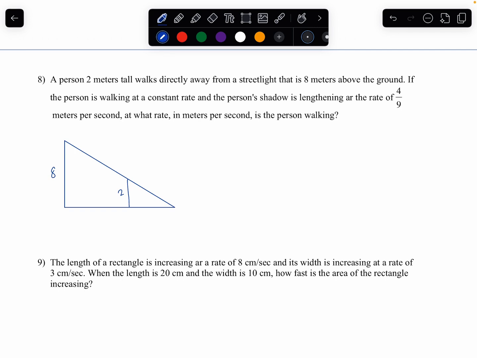Now, the distance from the street light to the person I'm going to call x, and the length of the shadow I'm going to call s, which makes the total distance right here x plus s. I know a lot of people are struggling with this type of question because of proportionalities, but there are 2 triangles in play here, and here are the 2 triangles.